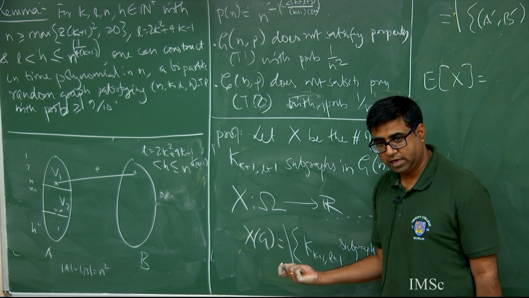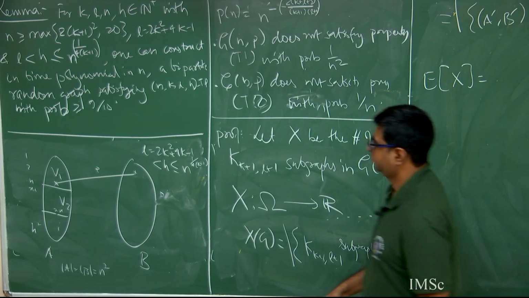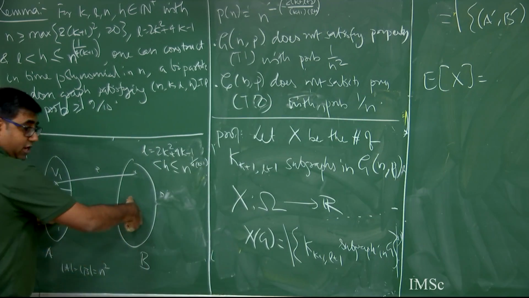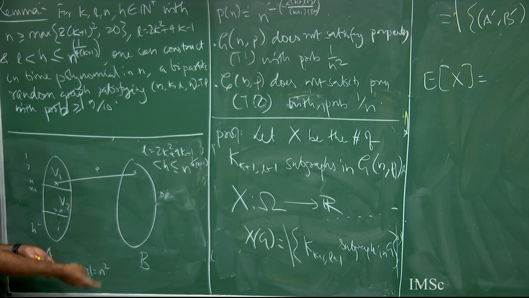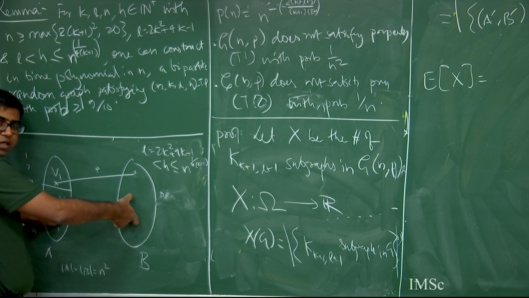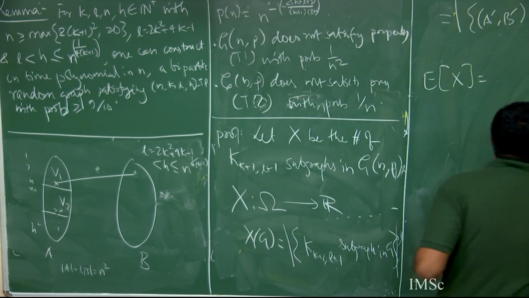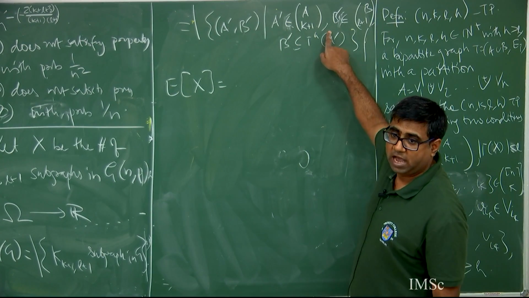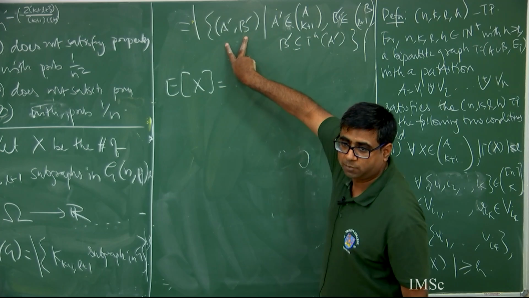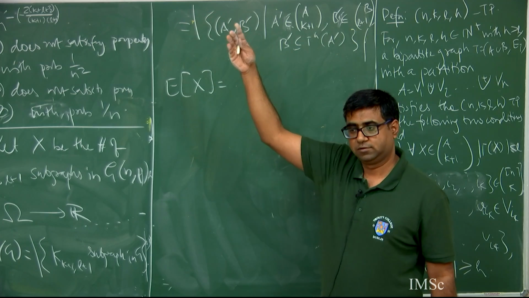Now when you say what is the expectation of x, it is this number times the probability of happening of that object. Another way of looking at it is that I fix A prime here and B prime here and ask what is the probability that this happens, and I go over all possible things. So the expectation of x, I can write as nothing but this. Think of it this way: I fix a tuple A prime B prime and look at the probability of this with respect to all possible graphs.